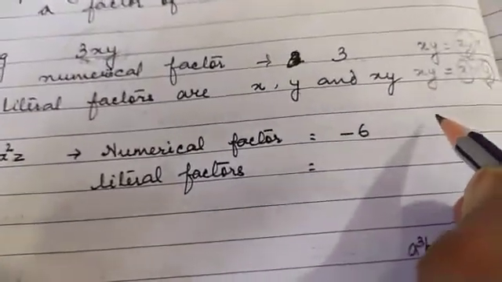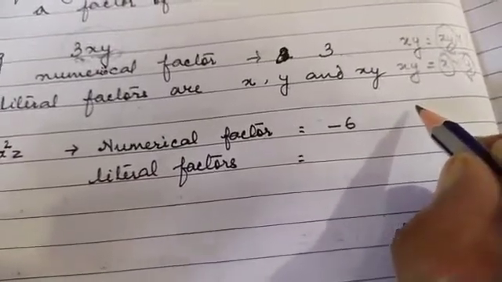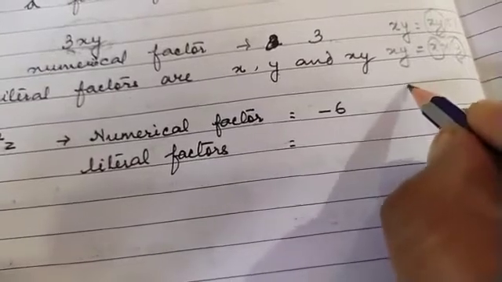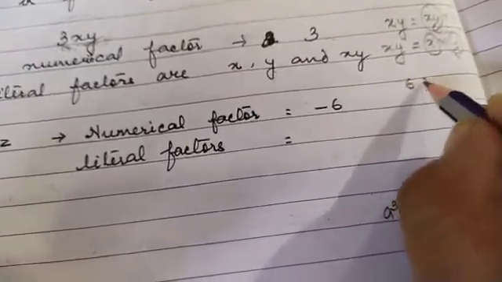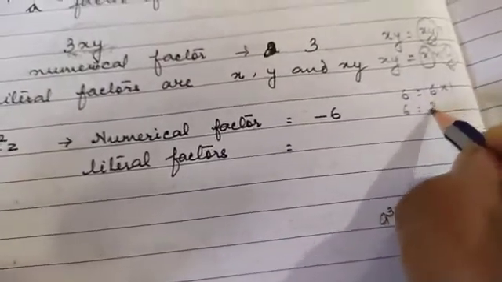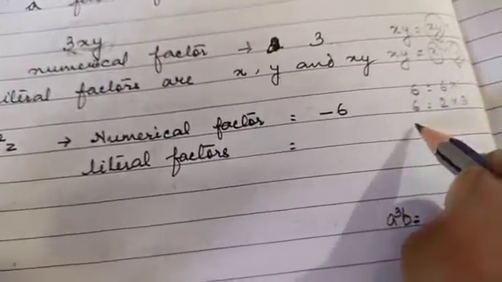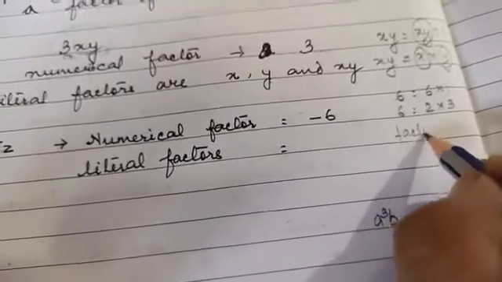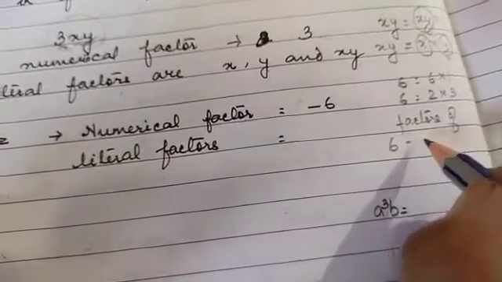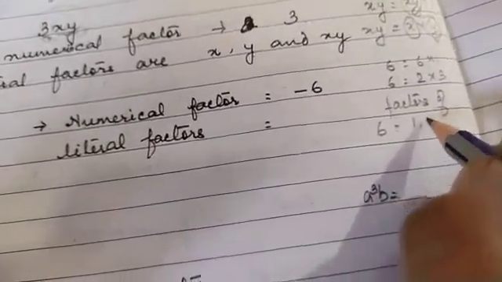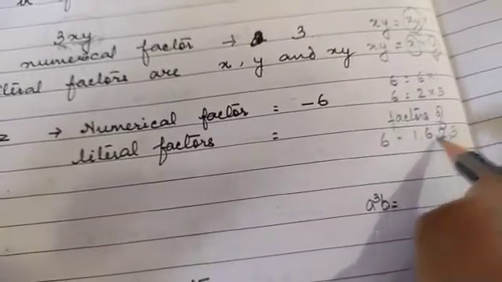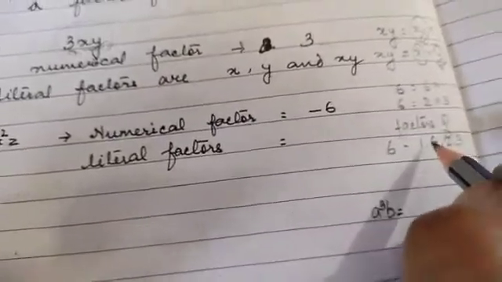Understand this with the help of a number. We will factorize a number over here. Let us take 6. 6 is equal to 6 into 1. 6 is equal to 2 into 3. So when I write the factors of 6, I will write 1, 6, 2 and 3. 1, 2, 3, 6 are the factors of 6.